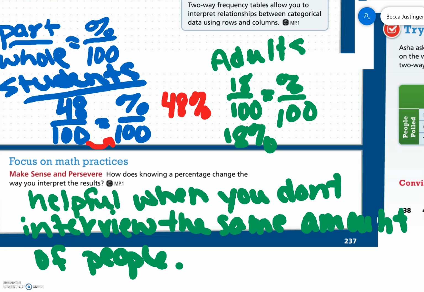This was easy to compare because you interviewed 100 adults and 100 students. But if you were to interview like 50 students and 100 adults, the information would be a little bit skewed. So finding the percent will help us deal with that skewedness.